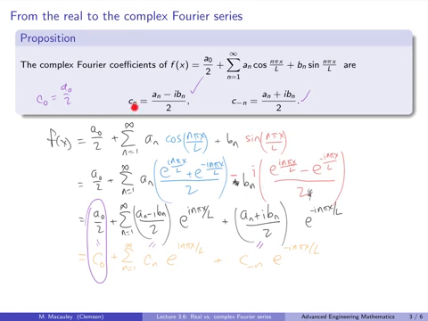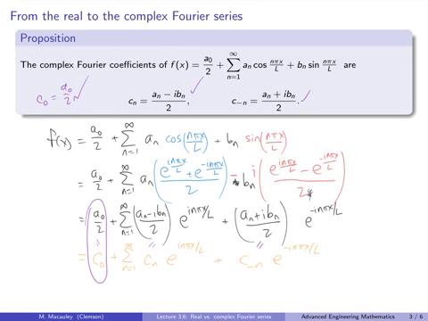If you say when n equals 0, look what happens. You get C naught is a naught, and then there is no such thing as b naught, so let's just make that 0. So if you plug in n equals 0, you get C naught is a naught minus 0 over 2, and you get this formula as well. So you don't need to remember this extra formula. Just know that this works for all n, positive or negative.